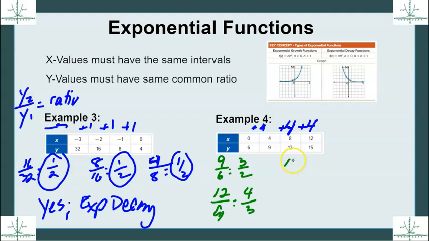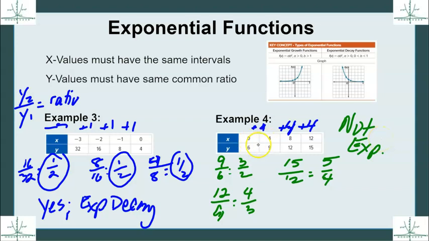And then if I did 15 divided by 12, reduce that by 3, that would give us 5/4. You'll notice that our common ratios are not the same. So no, this is not exponential.